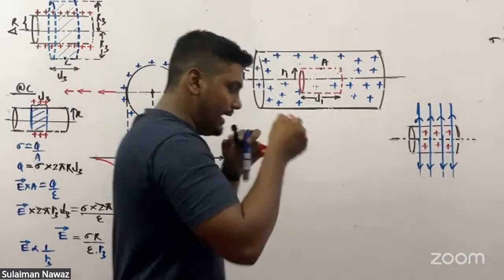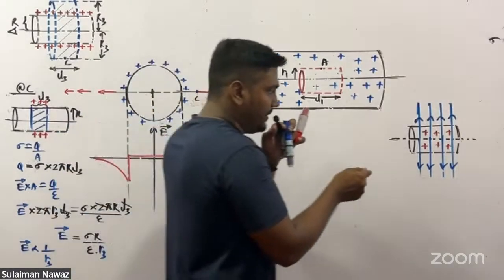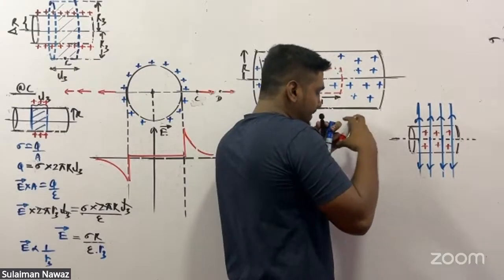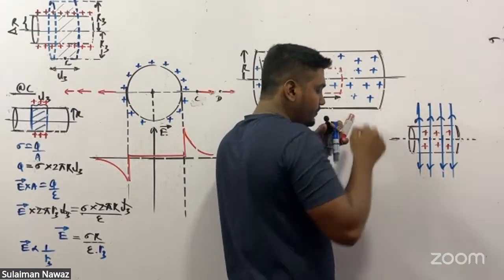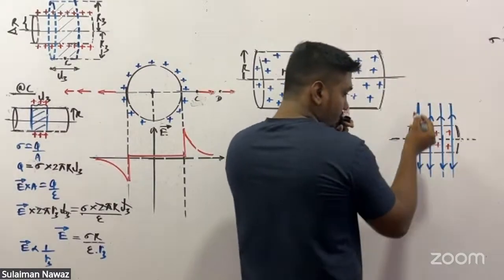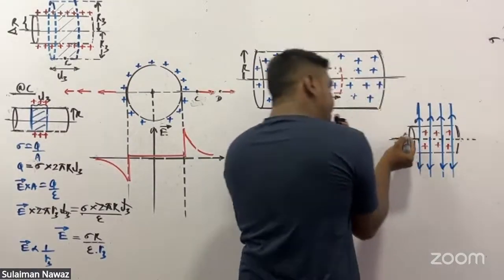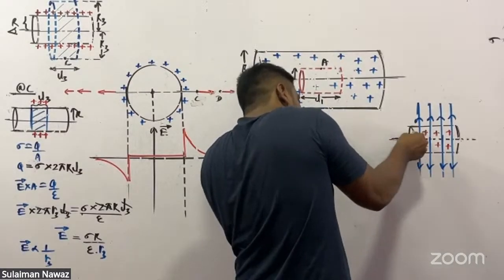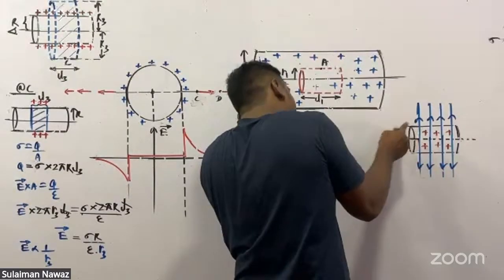And when someone looks from the side, what will the diagram look like? The side view. When you look from the side, you don't see this as a cylinder; you see it as a kind of circle.